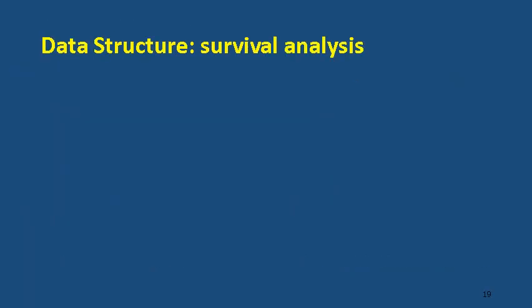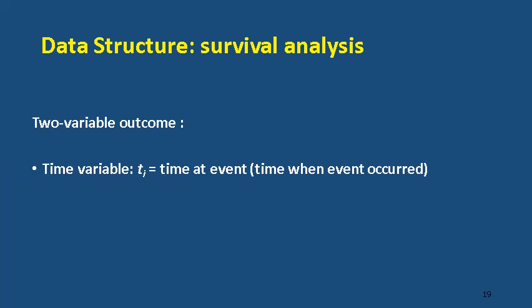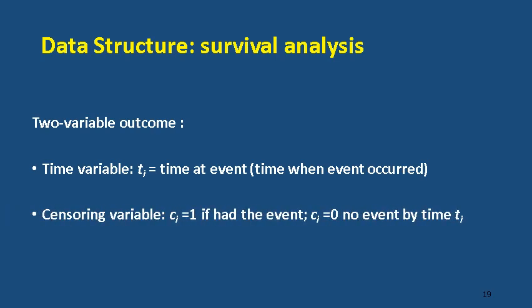Data structure for survival analysis. Two variable outcome. Time variable, that is Ti, the time at event. The time duration when the event occurs, that is the time variable. Censoring variable, that is Ci, equal to 1 if had an event.